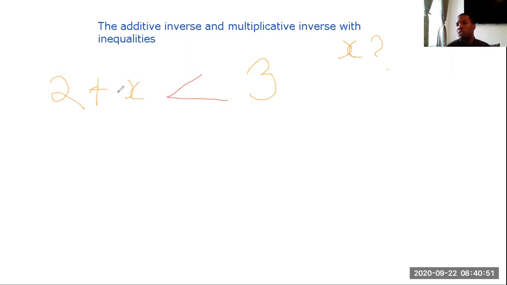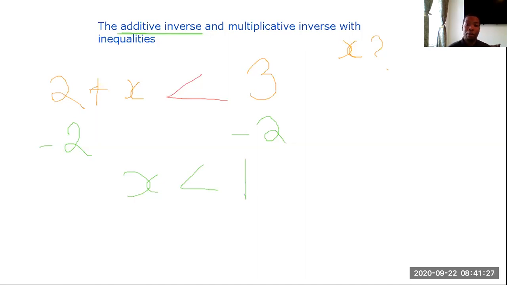So just like how I would solve a regular linear equation with a one-step equation like this, I would do the additive inverse. I need to get rid of this 2, so I do minus 2, and whatever you do on one side, you got to do it on the other side. So then I'm left with x is less than 1. That's my answer. That's us applying the additive inverse, all right?